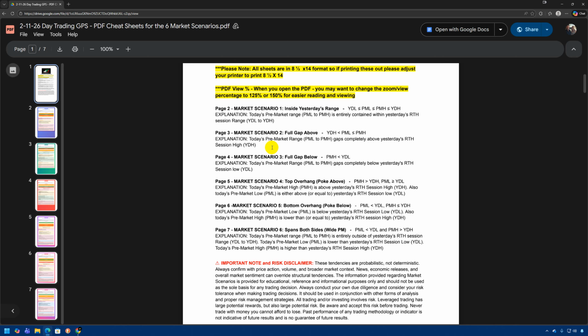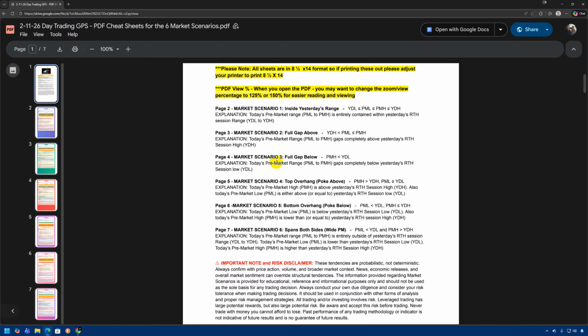You have gaps where just the open is gapping above yesterday's close. However, this is a true full gap above, where the entire pre-market low to pre-market high range is completely above yesterday's RTH session high.